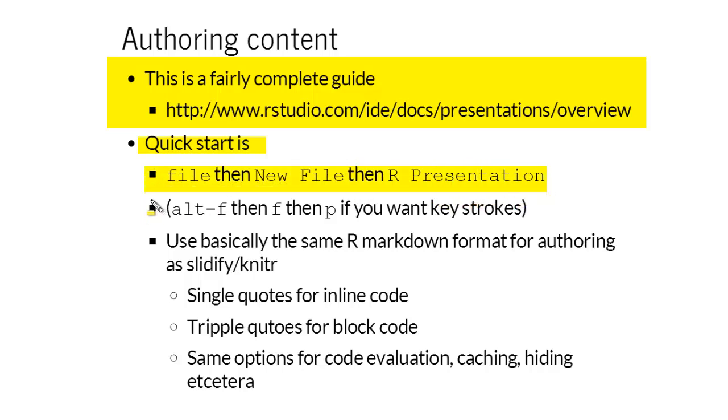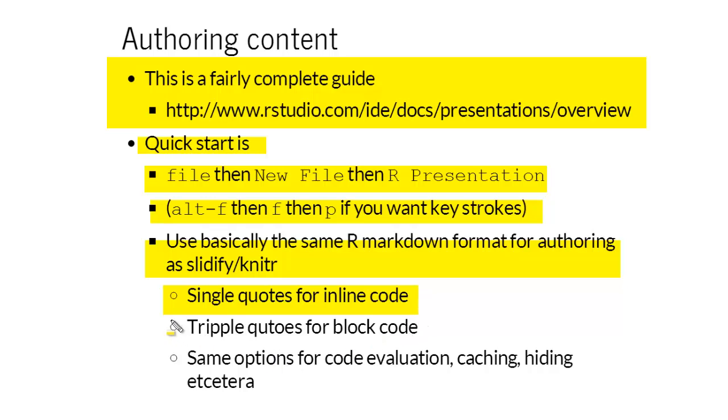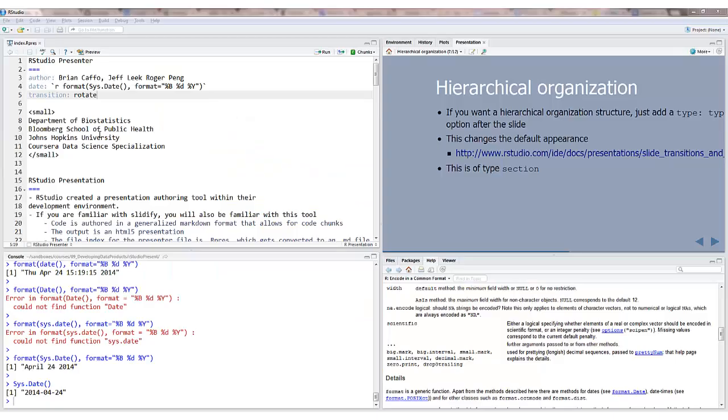If you're a keystroke junkie, that's just Alt F, then P. Then you just start using Slidify and knitr style commands for authoring content. They have things that walk you through it. So, single quotes for inline code, triple quotes for block code, and the same options as knitr for code evaluation and cache.